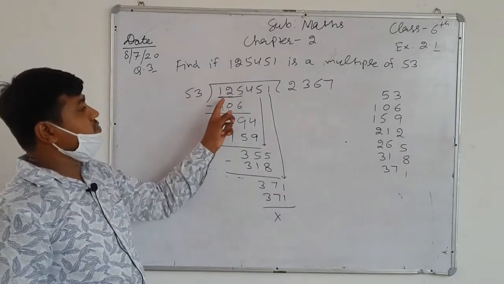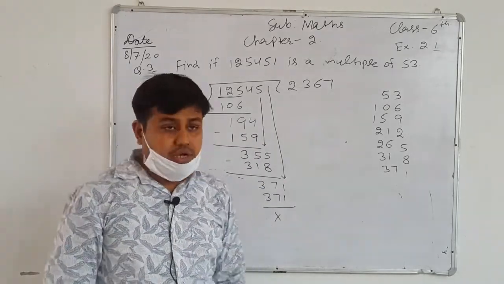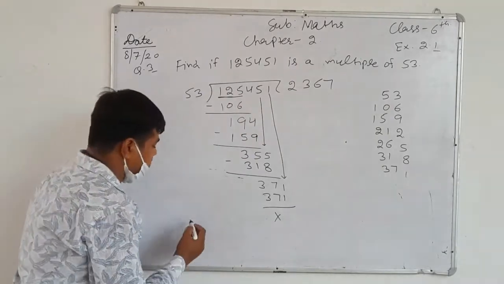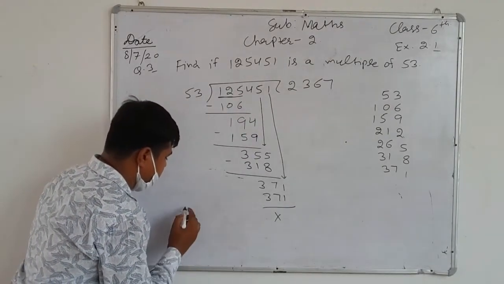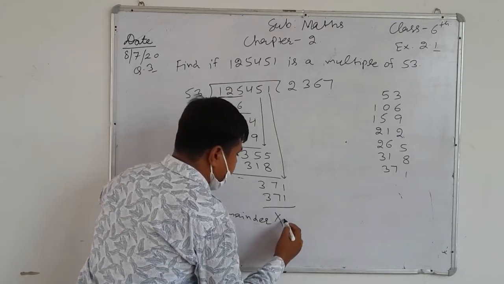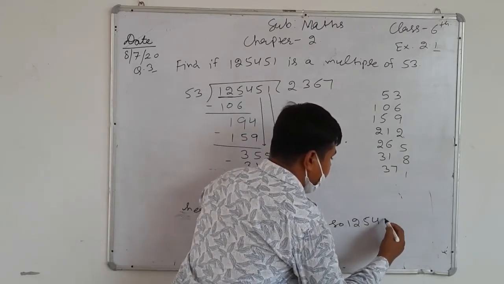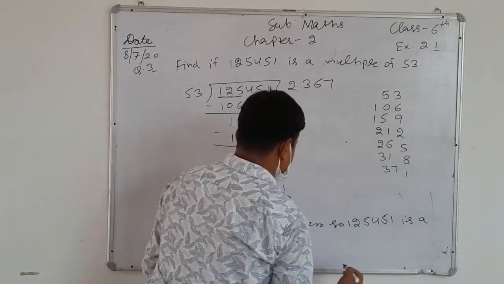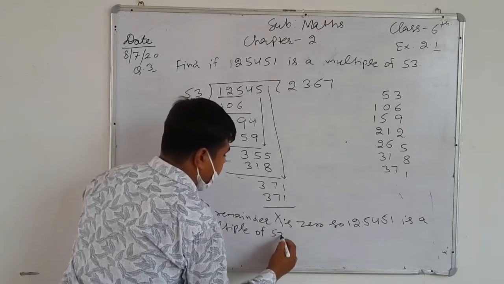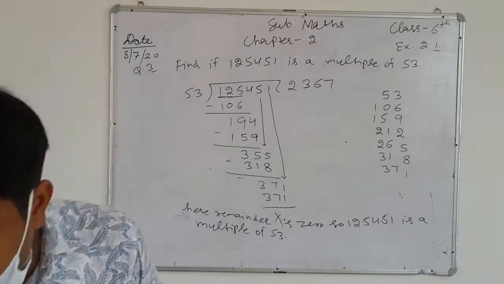So we can see that if we divide 125451 by 53, the remainder is 0. It means 125451 is a multiple of 53. We divided and checked whether it is a multiple or not.